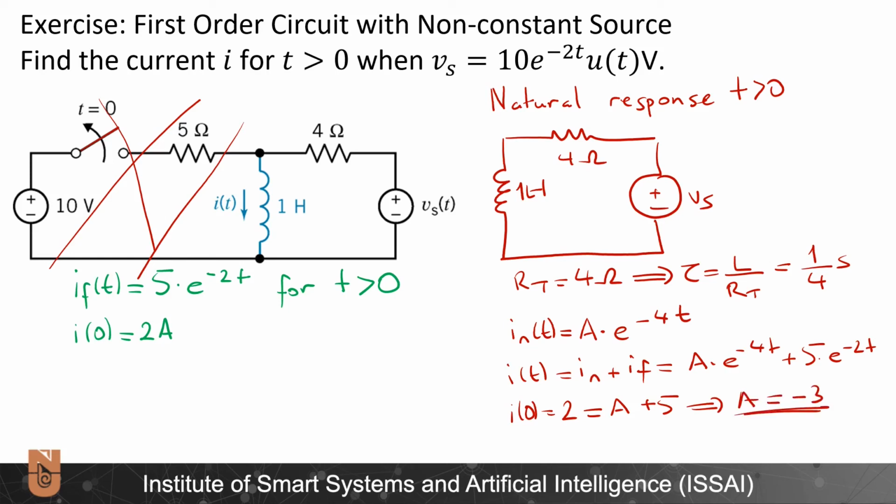Accordingly, the whole response of the circuit for t greater than 0 becomes minus 3 times e to the minus 4t plus 5 times e to the minus 2t. This part is the natural response, and this part is the forced response.